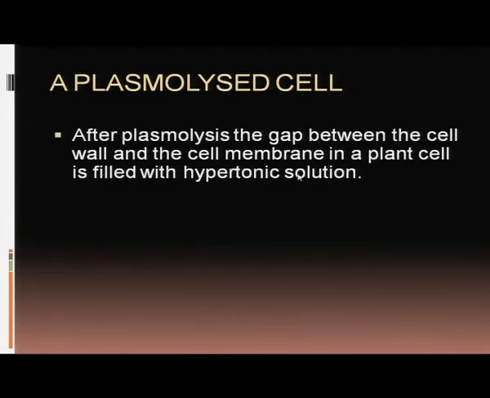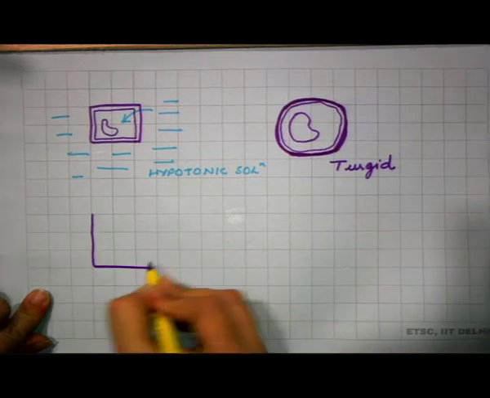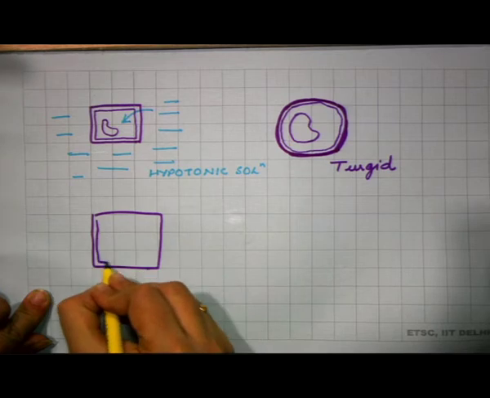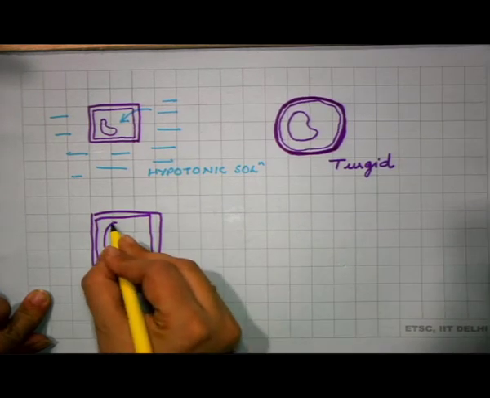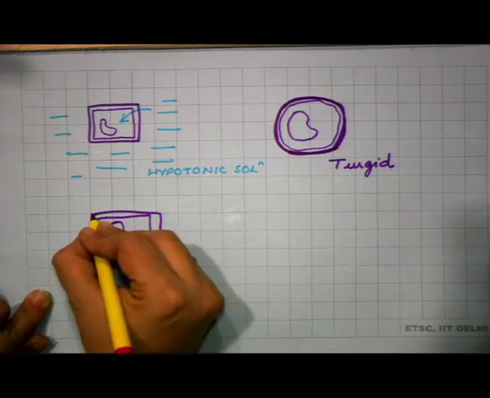Now, there is one question. Suppose this was the cell again and it was now placed in a hypertonic solution. Let me draw it again for you. This was the cell with a large vacuole that occupies quite a lot of space in the plant cell.